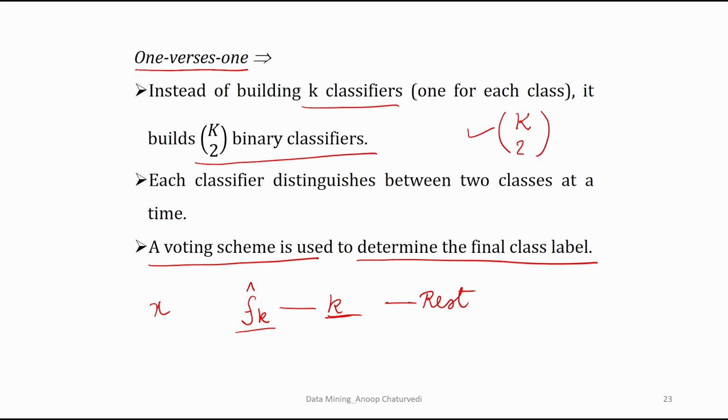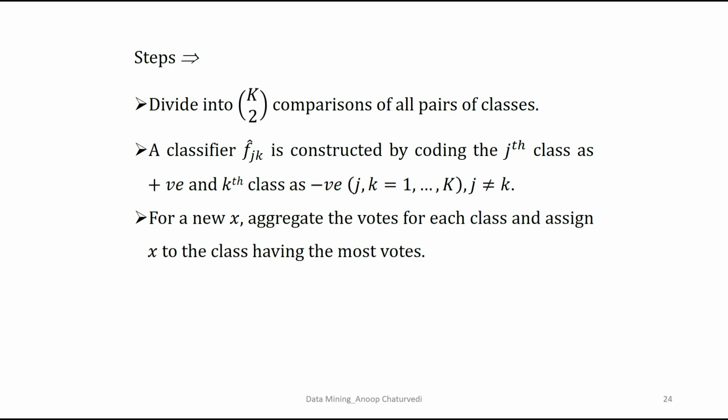So, you can use the two-class classification rule of SVM, and then finally to classify the observation you use a voting scheme. Now, these are the steps. First, we divide into KC2 comparisons of all pairs of classes. So, in all you have KC2 classifiers.